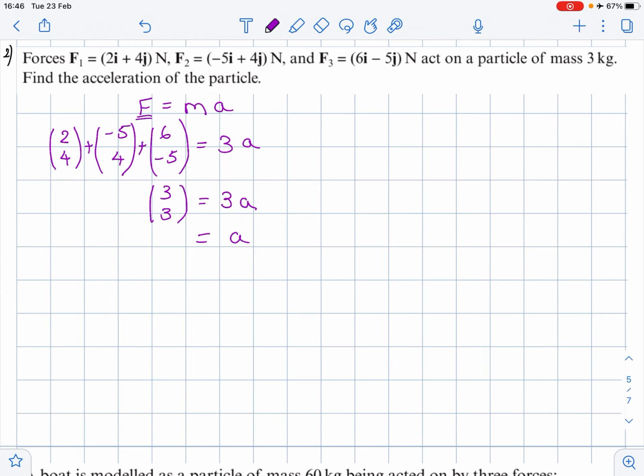So we have 3i plus 3j equals 3a. We now need to divide the whole thing by 3. So the acceleration would just equal i plus j.